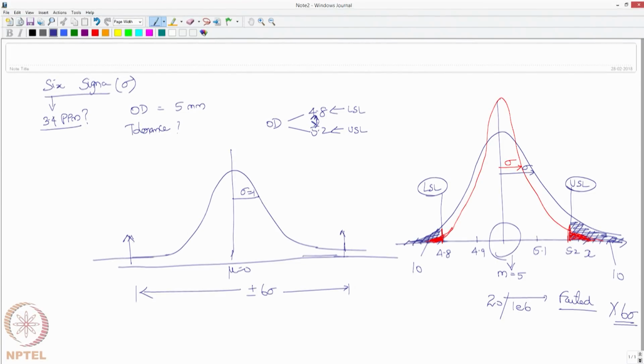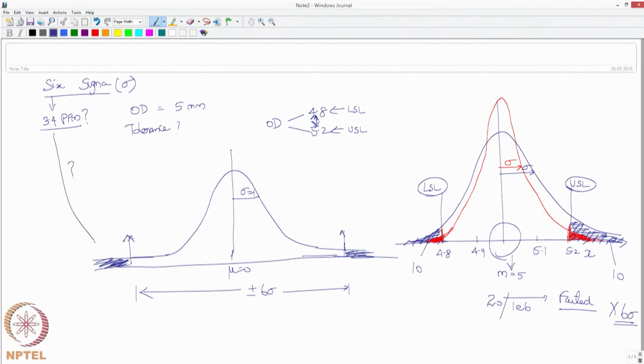This is the lower specification limit. I need to find this area and this area. If I find these two areas, which is the failure, what do you think the value will be? The value will not be 3.4, it will be much less than that.